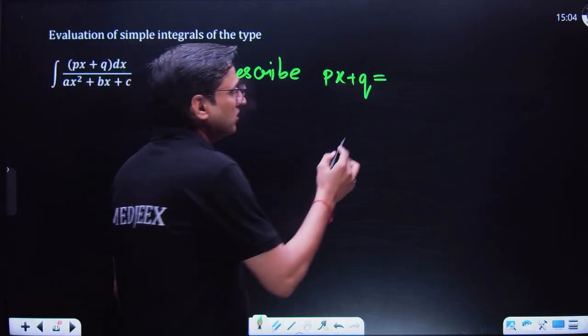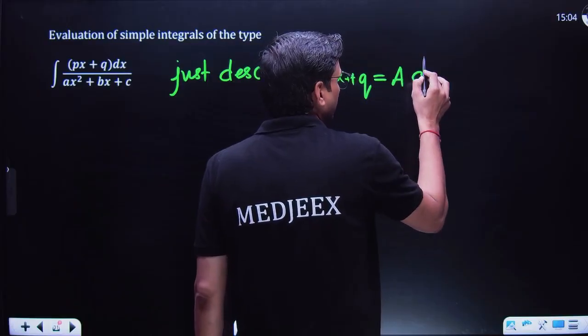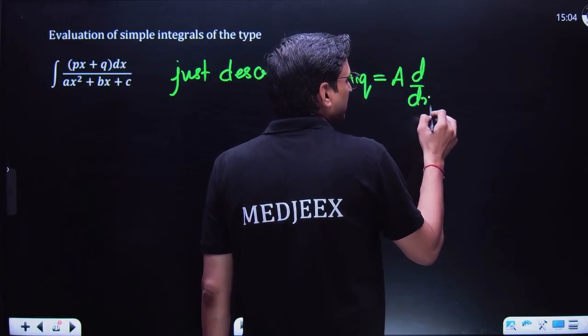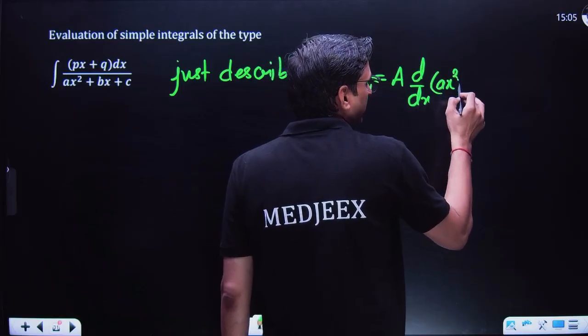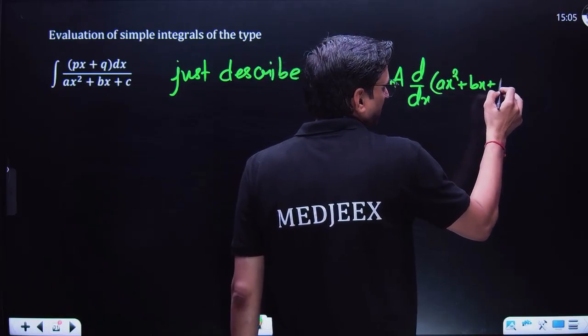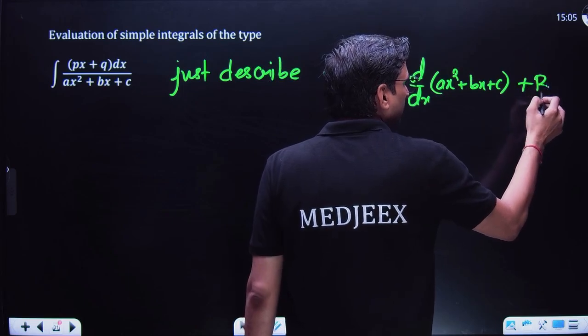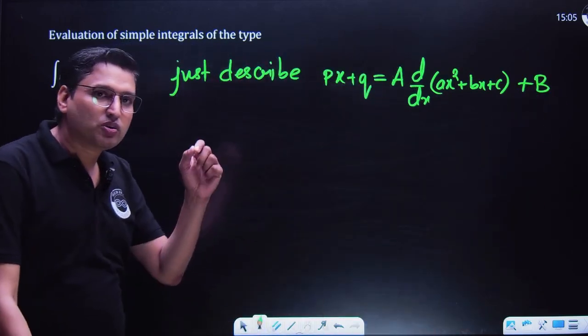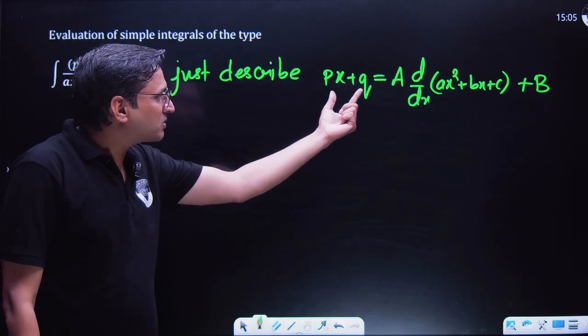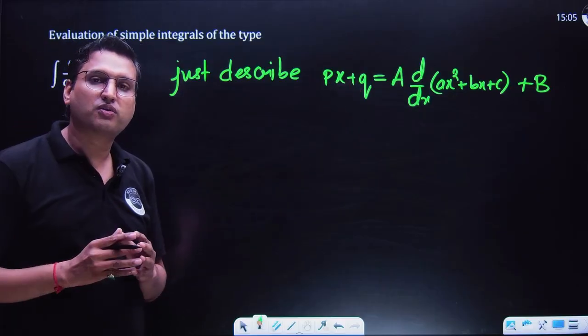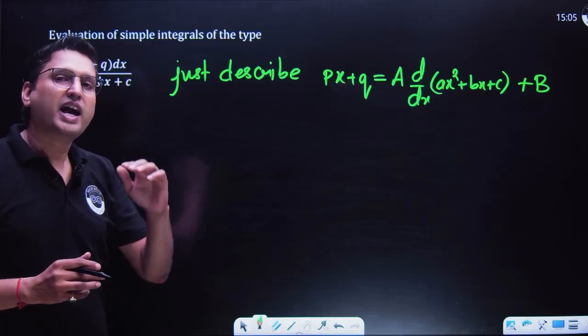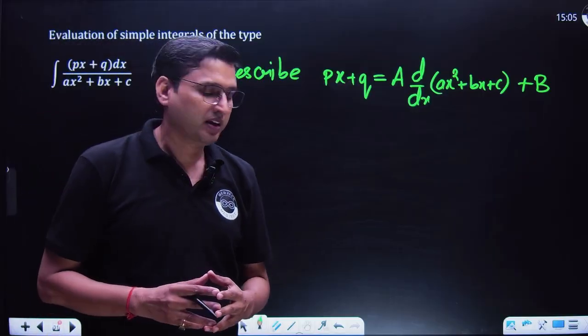Yes or no? Then I'll write A times d by dx of ax square plus bx plus c plus B. Is it clear? Just we have to do what? Describe px plus q into the differential coefficient form of the denominator and some constant quantity.